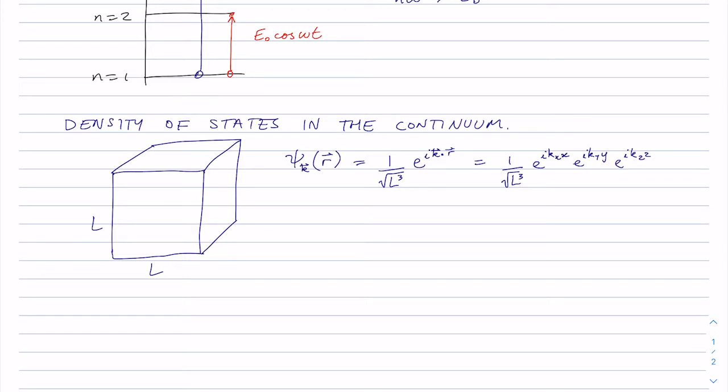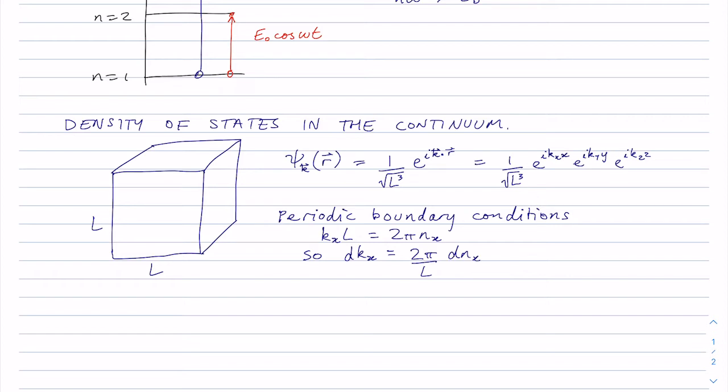The boundary conditions, which we'll take as periodic, will give us k_x L equals 2 pi n_x, and the same for n_y and n_z. And so dk_x is equal to 2 pi over L dn_x.